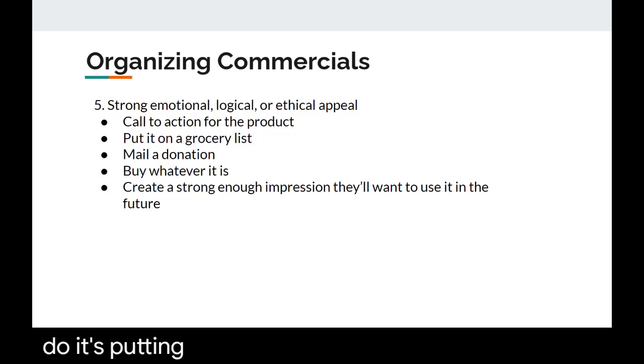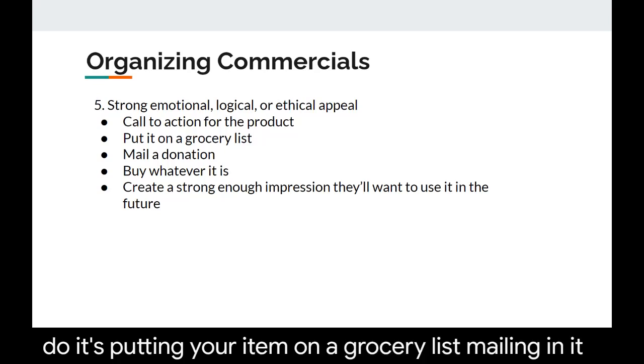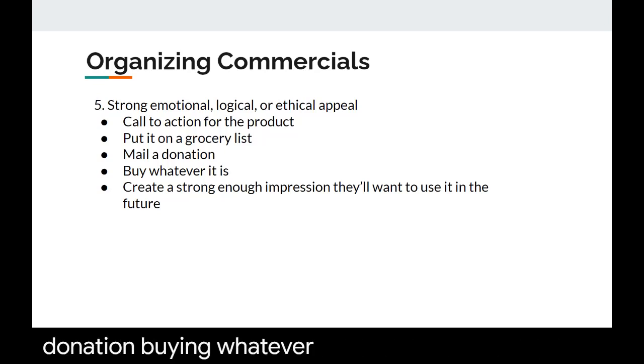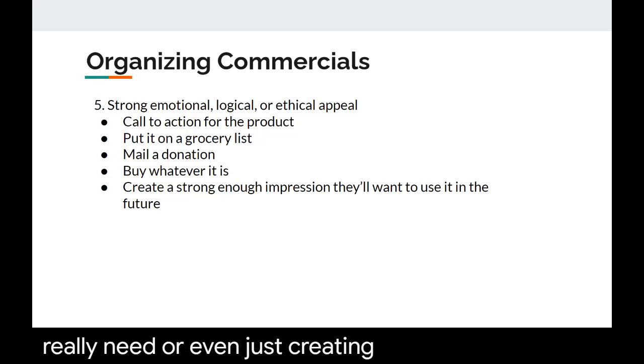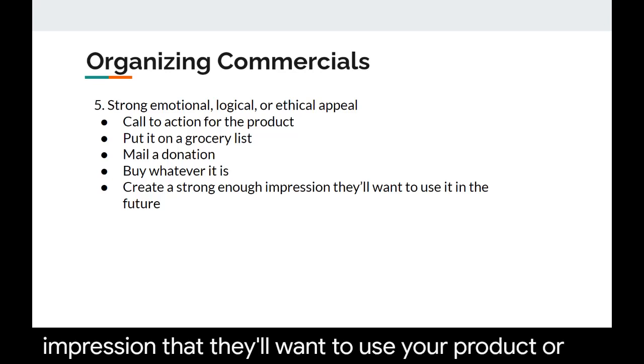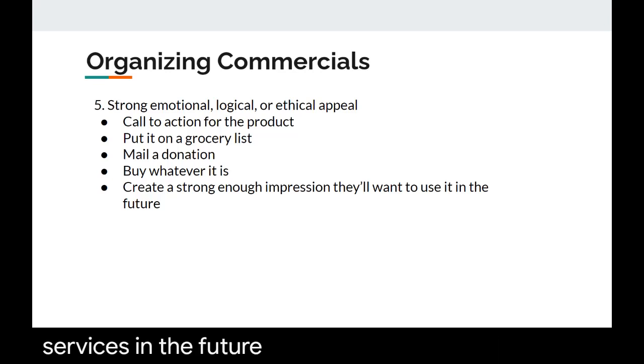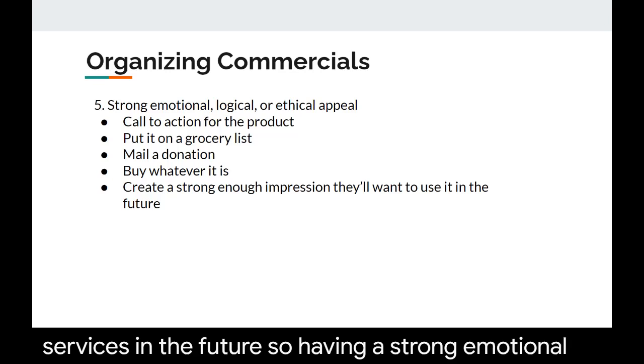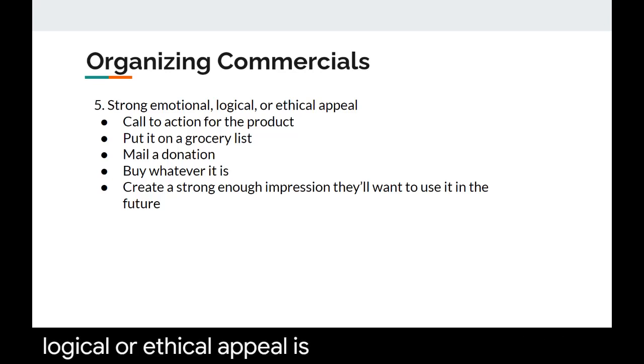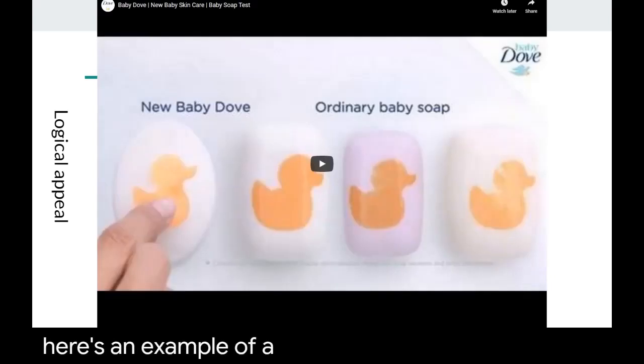It's putting your item on a grocery list, mailing in a donation, buying whatever that thing is that they really need, or even just creating a strong enough impression that they'll want to use your product or services in the future. So, having a strong emotional, logical, or ethical appeal is really critical because it's inevitably what you're persuading your audience that they need to actually be doing. So, here's an example of a logical appeal.